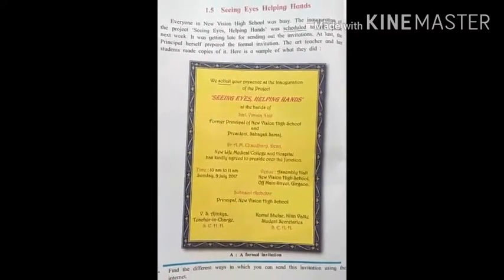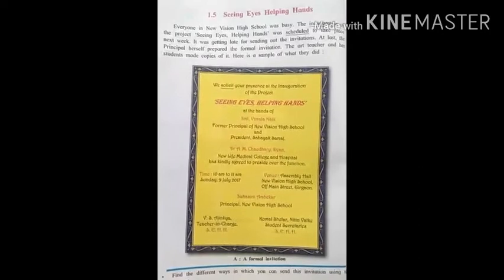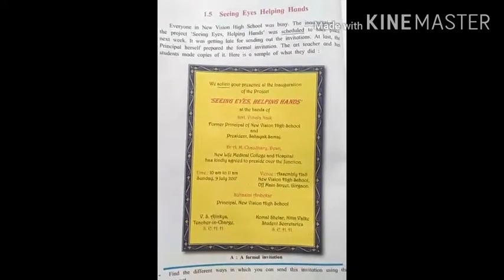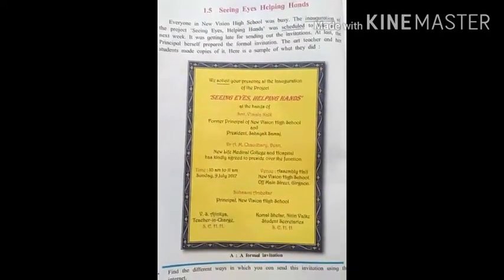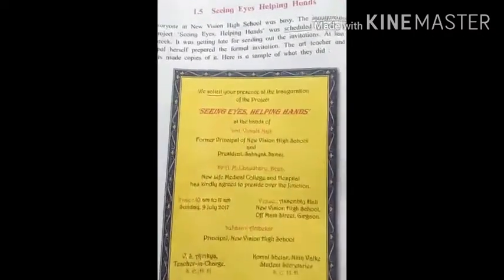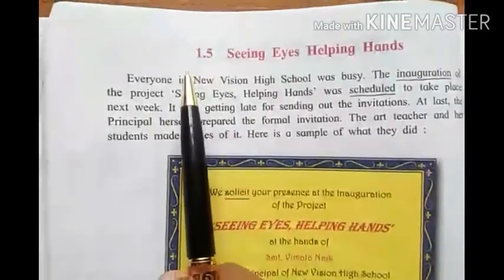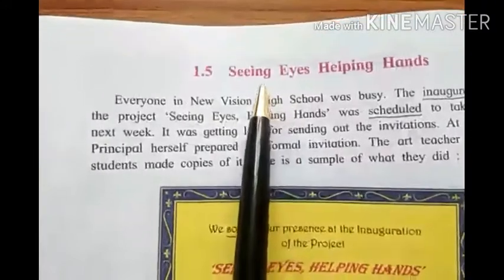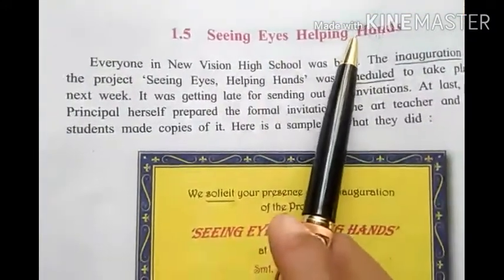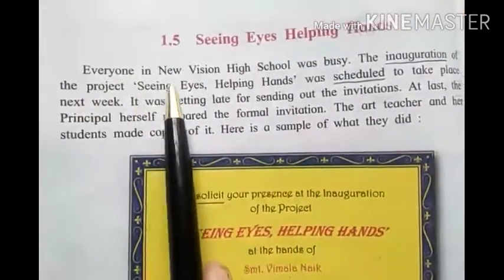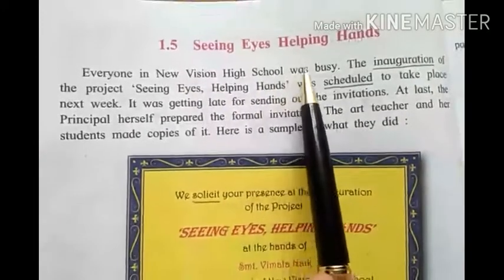Okay kids, now this lesson emphasizes the difference between the different kinds of invitations. Now let's see lesson number 1.5 Seeing Eyes Helping Hands. Everyone in New Vision High School was busy.